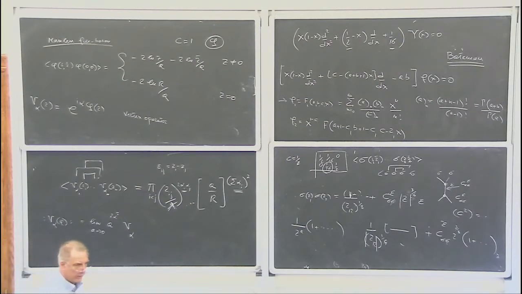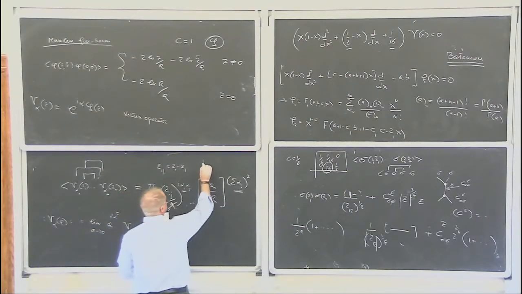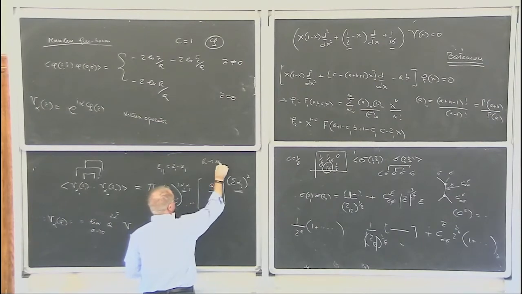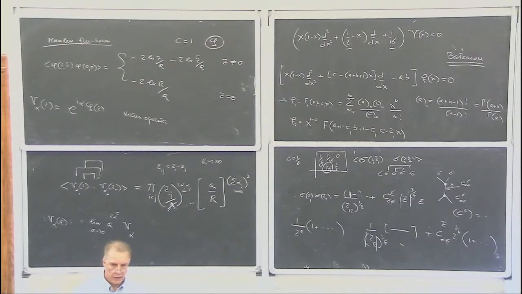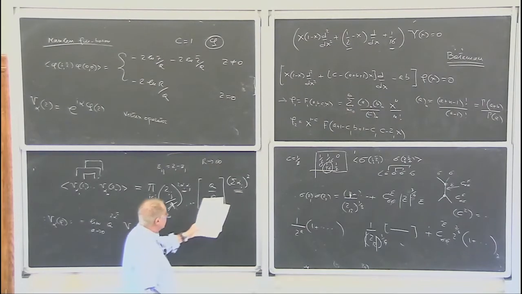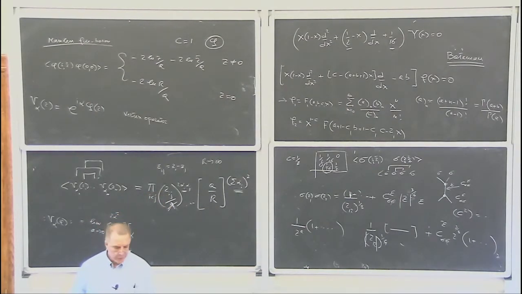Here R is a regulator, and we take R to infinity such that the theory is no longer sensitive to the infrared cutoff. So the only way I can realize this is if the total charge of the correlation is 0. So there is a very simple rule of thumb.